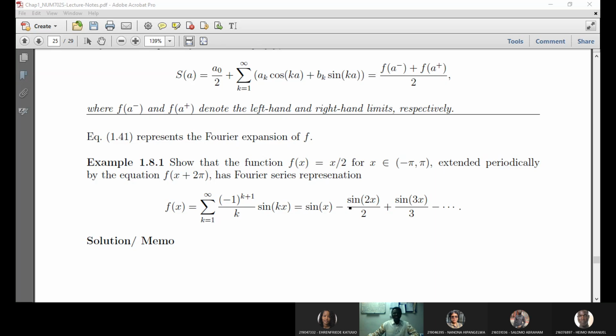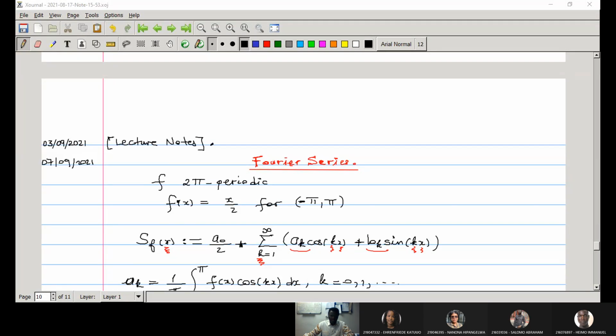Let me go to the slide because I have a different slide I'm looking at, and I have the impression that you are also watching the same thing, but it's not in front of your screen. So sorry. Let me share that because I want to draw this function f of x equal to x by 2, which is defined on the interval negative π to π.